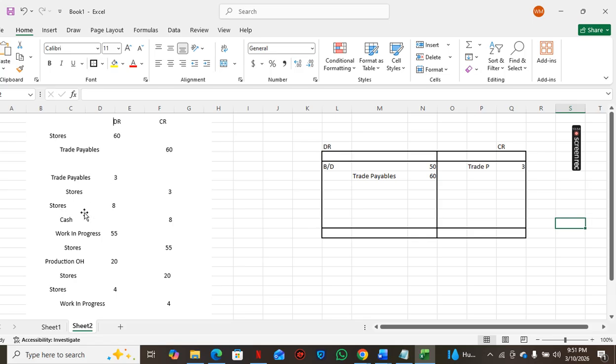Then this one where we bought material for cash, debit stores 8 million. So you put here cash 8 million on the debit side. When we sent the material from stores to work in progress, we credited stores. So on the credit side, we put work in progress, WIP, and 55 million.